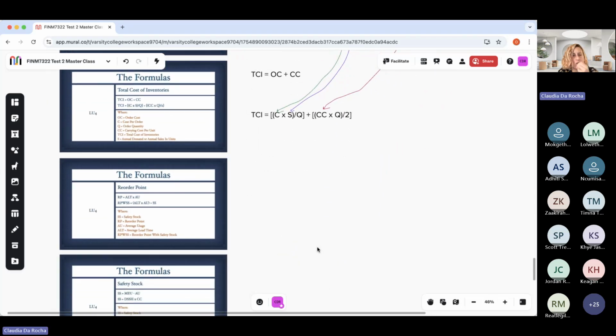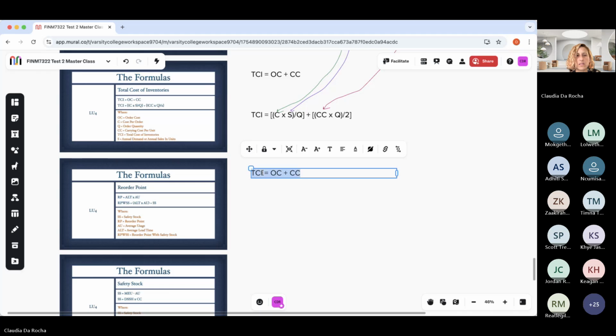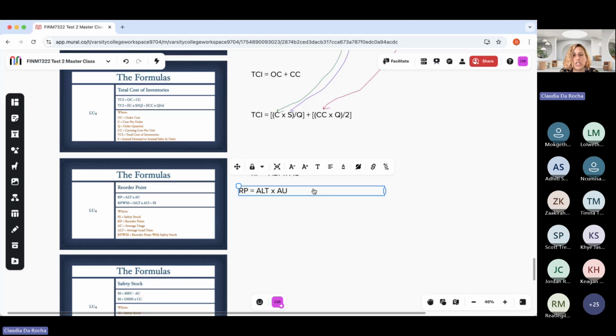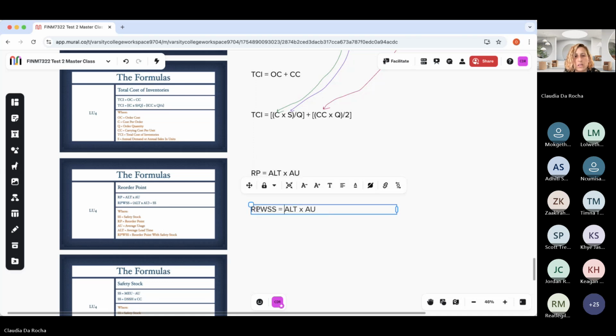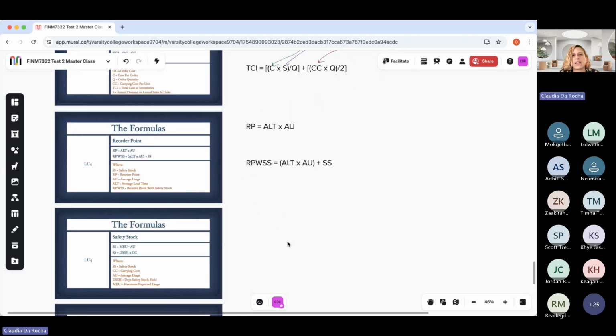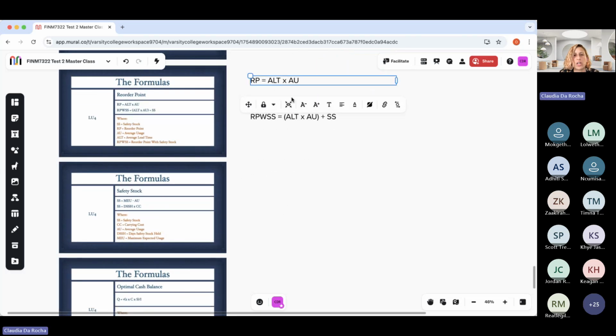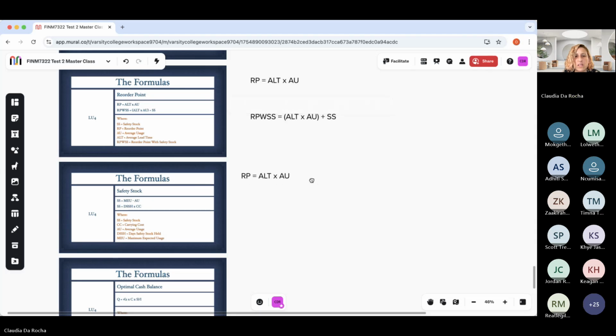Right. Then just with our reorder point, I see I haven't included the formula there. We have our lead time times our average usage, and then we have the one with our safety stock. With safety stock, you must know how to calculate that.